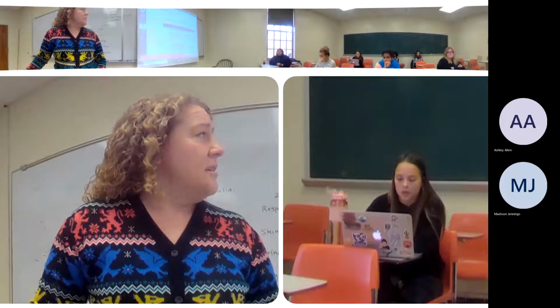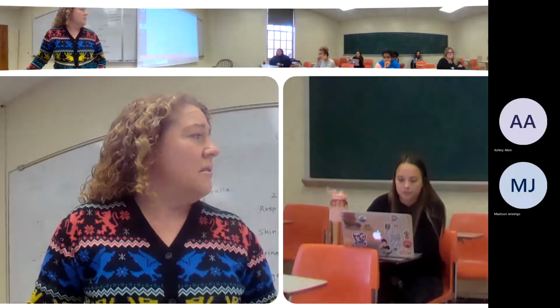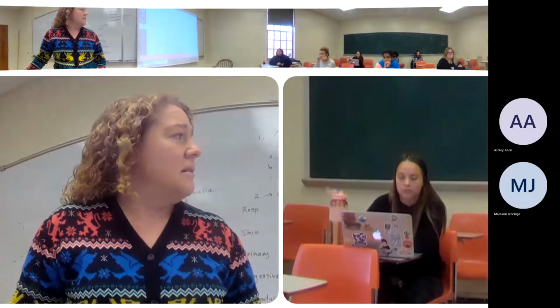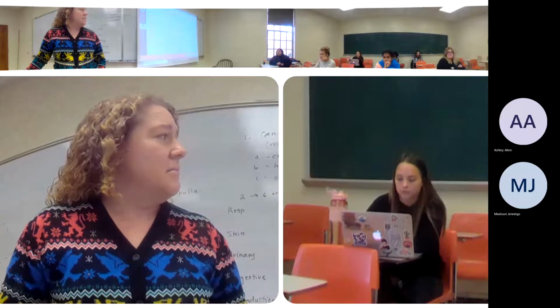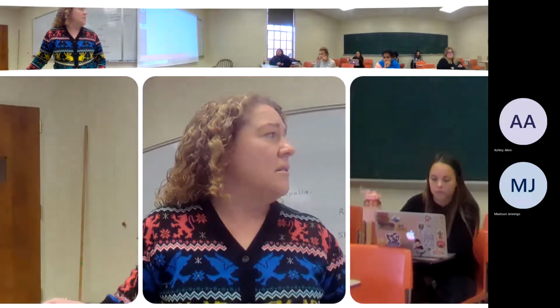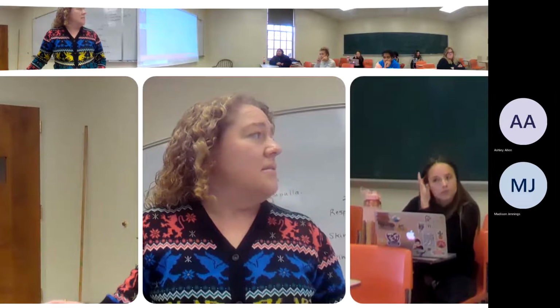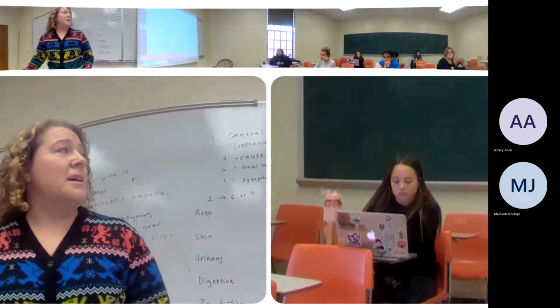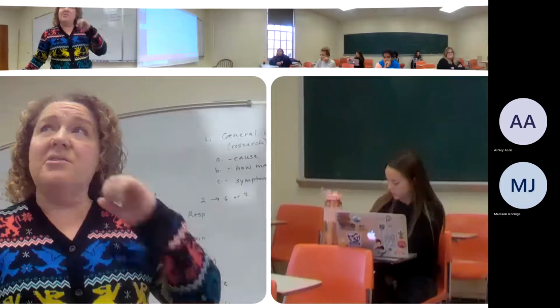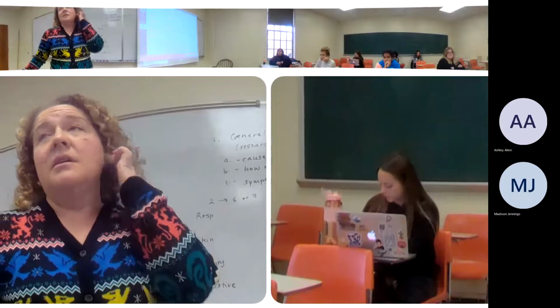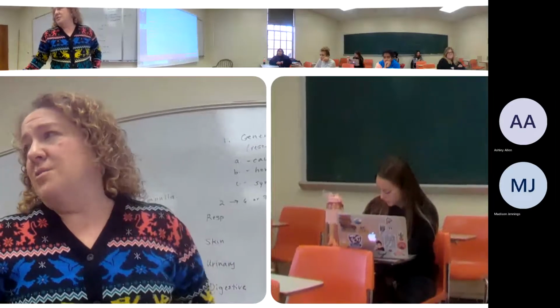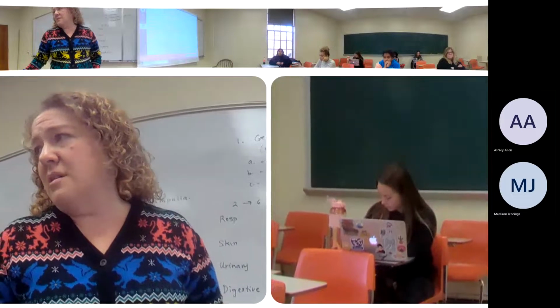So let me show again how you find this. It's going to be down here. Each one of you will have something that shows up in your Canvas at 5 today. It will say biology 1020 take home final exam.